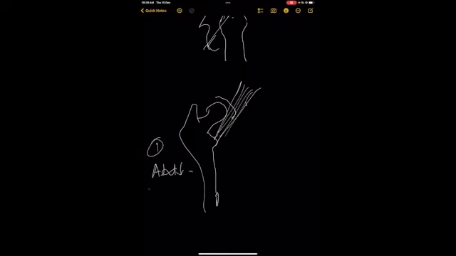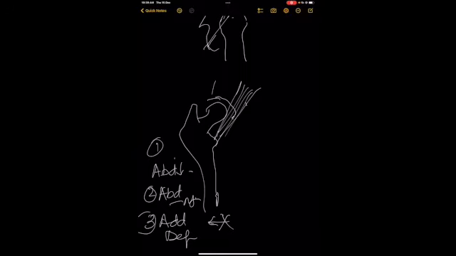Then abduction will become absent, and then there will be an adduction deformity. So what is the adduction deformity? It's the position of hip in adduction beyond which abduction is not possible. So this is adduction deformity.